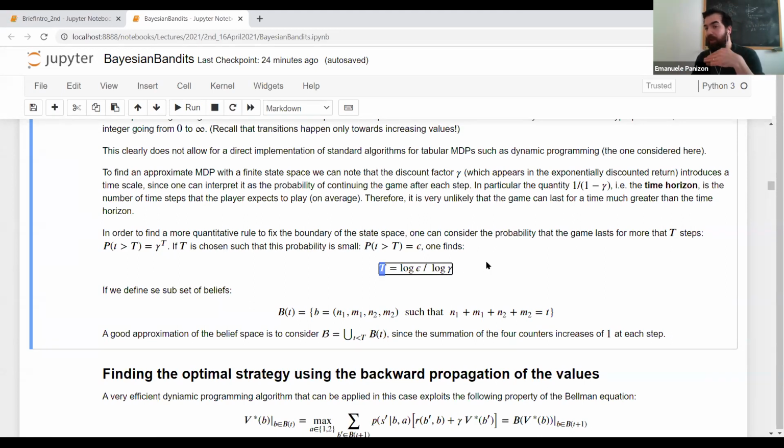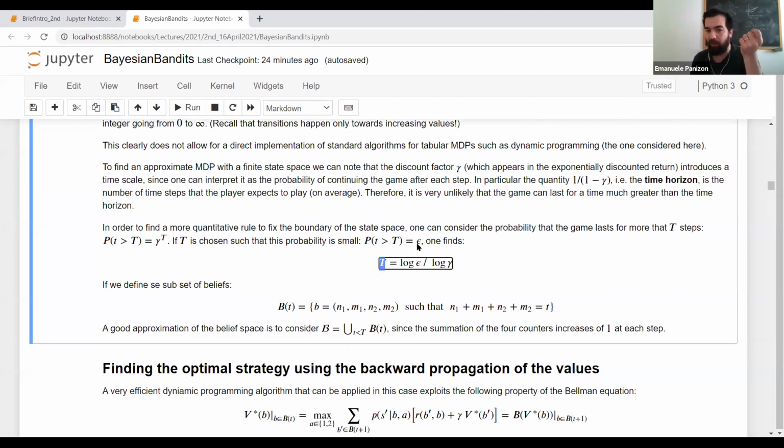This tells me I only need to limit myself to this subset of states, and I know that discarding the actual result above this t will lead me at most to an error of epsilon.